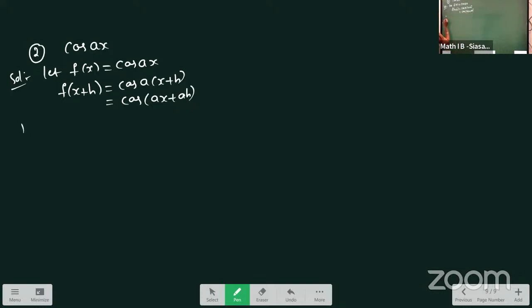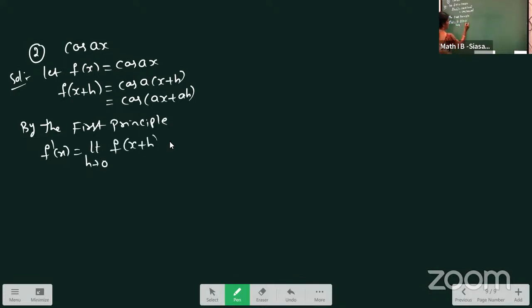Now, apply the formula. Here he is asking first principle. So, by the first principle, f dash x is equals to limit h tends to 0, f of x plus h minus f of x by h.